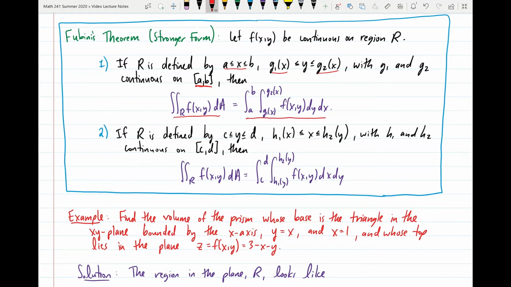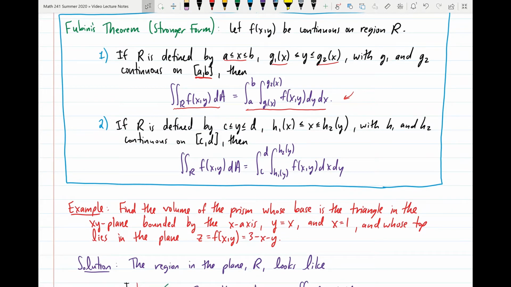We have the integral from a to b of the integral from g sub 1 of x to g sub 2 of x of f of x, y dy dx. Notice here that the order of integration is dy dx because y is bounded between two functions of x, and x is bounded between two constants.